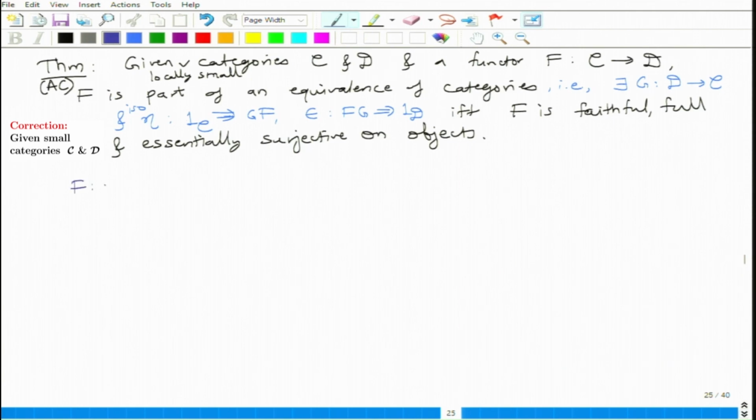This is a definition: F from C to D is a faithful functor. I already motivated them to you last time. It is a faithful functor if there is an induced map from hom_C(A,B) to hom_D(FA,FB).